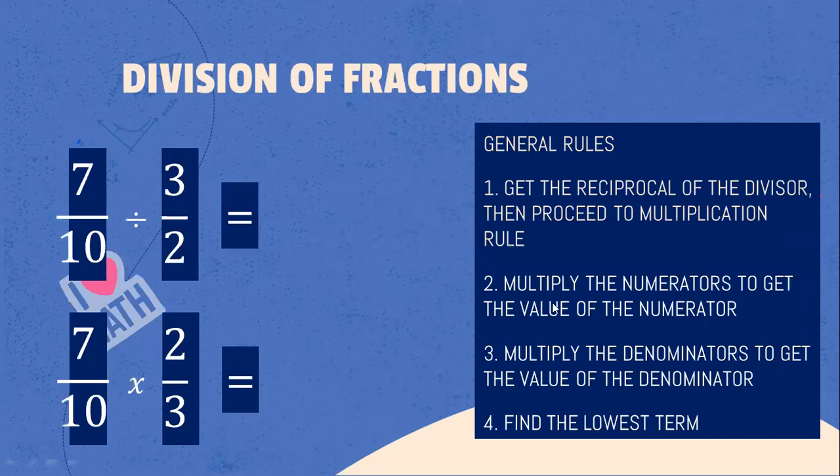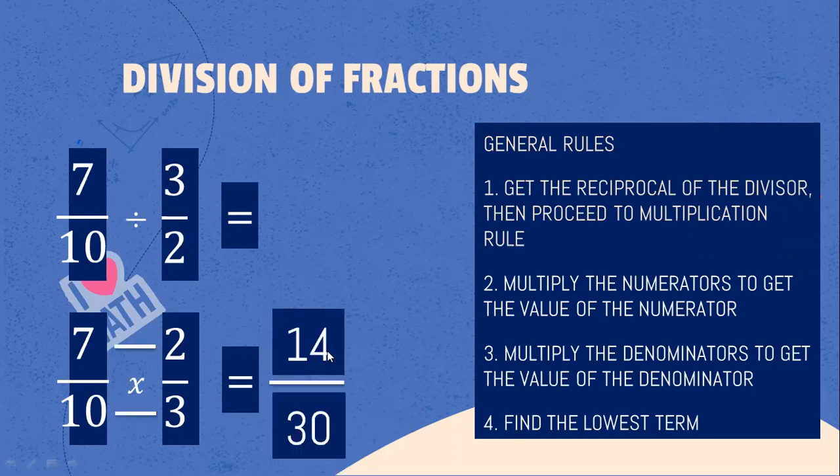Multiply the numerators to get the value of the numerator. 7 times 2, that is 14. Then we multiply the denominators to get the value of the denominator. 10 multiplied by 3, the answer is 30. So our answer is 14 over 30.